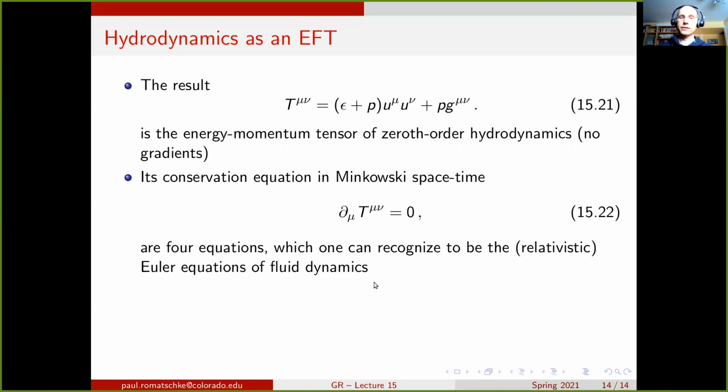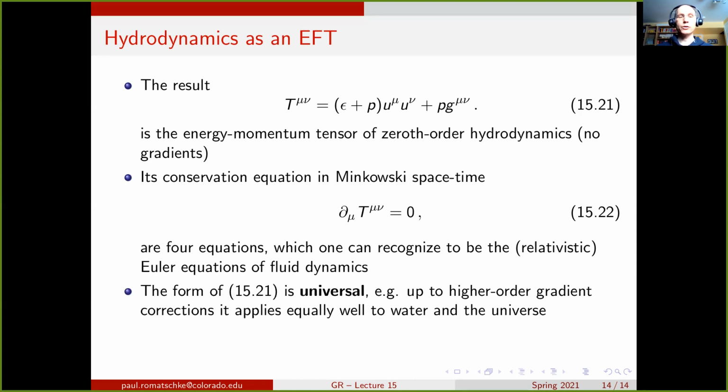Euler equations are something that you might have heard before. Normally, these are equations that describe the dynamics of non-relativistic fluids. Here they come out as a universal description in the relativistic system that then will describe the evolution of matter in an arbitrary setup.